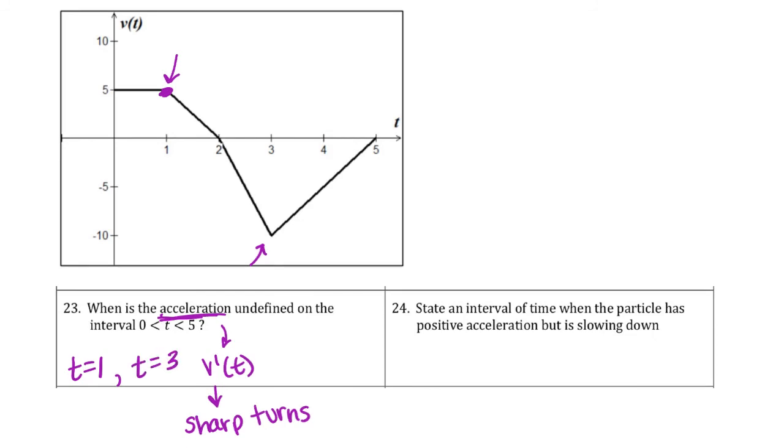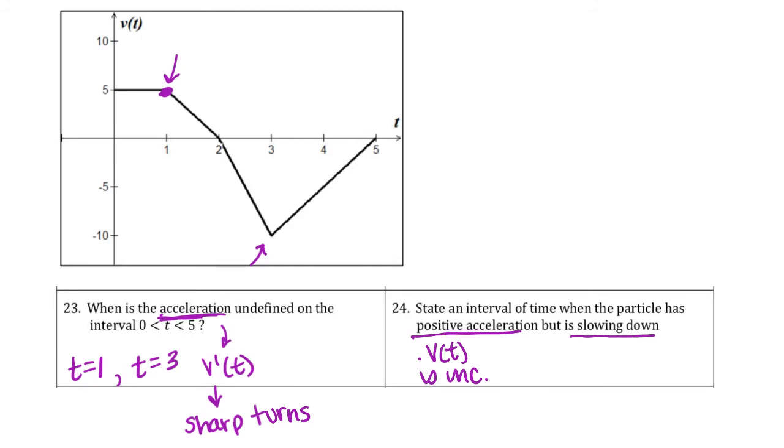Okay, number 24, state the interval of time when the particle has a positive acceleration but is slowing down. So a positive acceleration, that's going to tell me that v at t is increasing but slowing down.